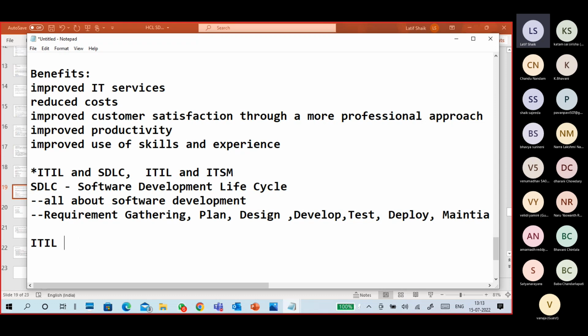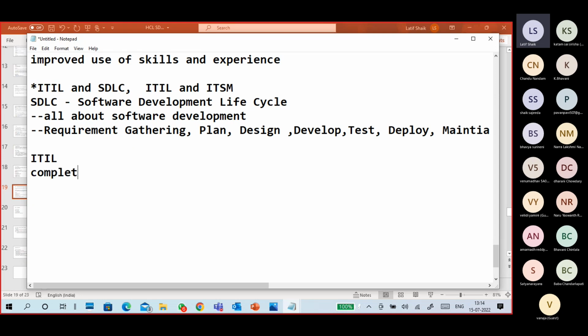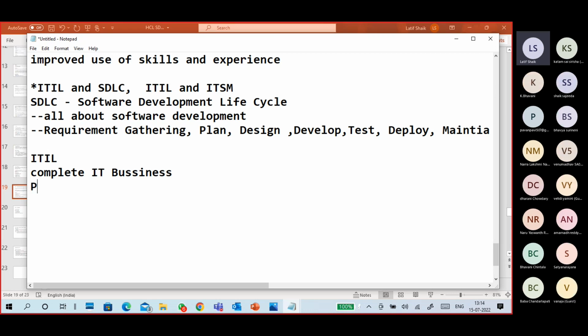ITIL is not all about, it is a complete IT business, or part of the business, maybe simple service providing, or part of service providing, service maintenance.